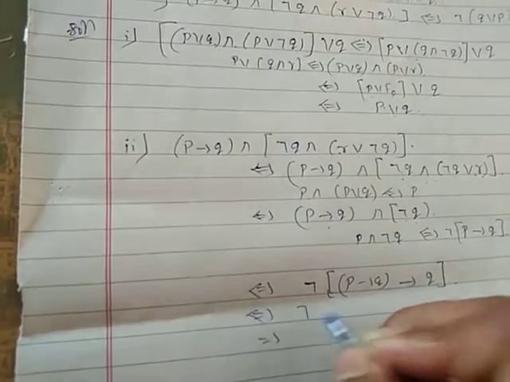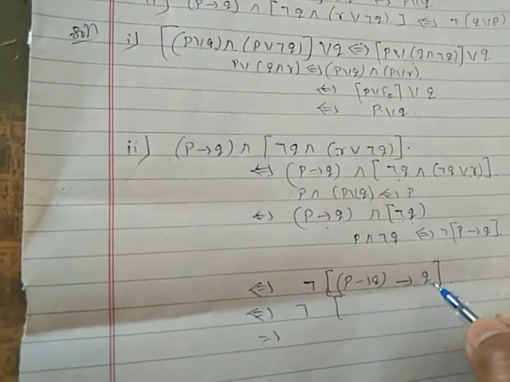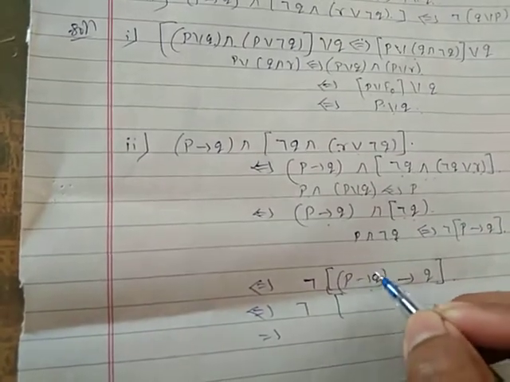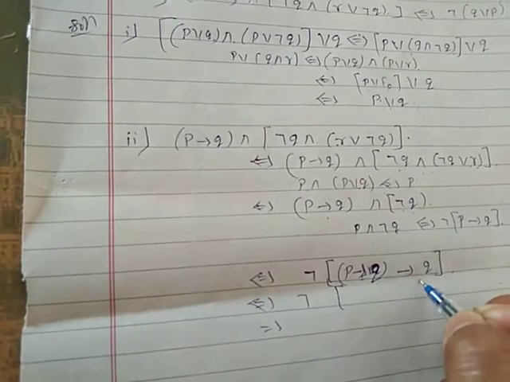Keep the negation as it is. Negation of (P implies Q) implies Q. So consider this one, P implies Q, entirely.